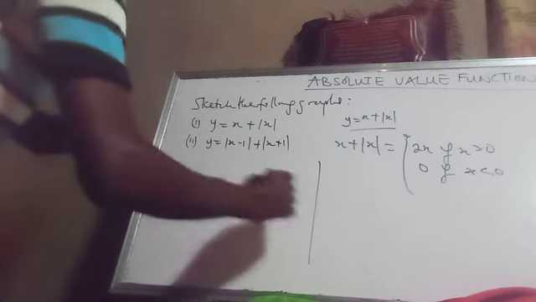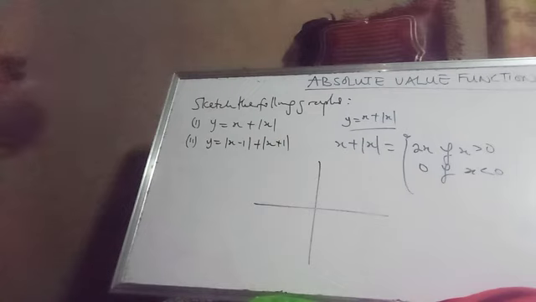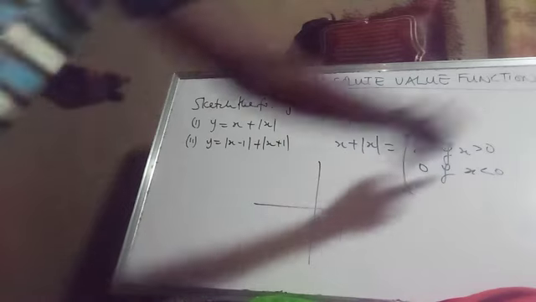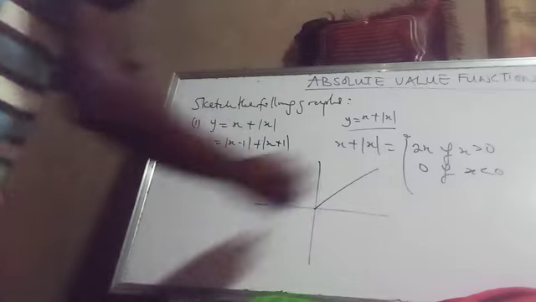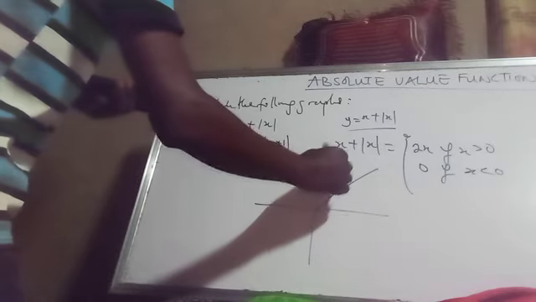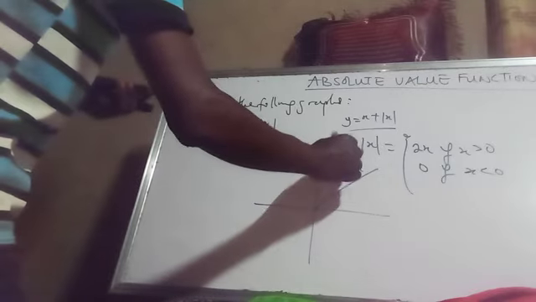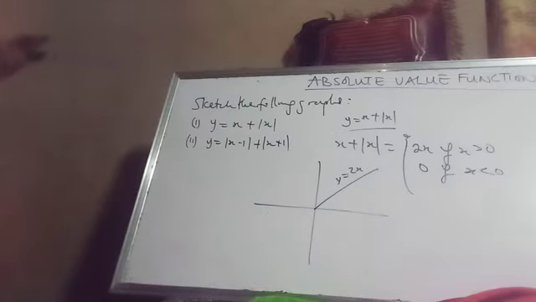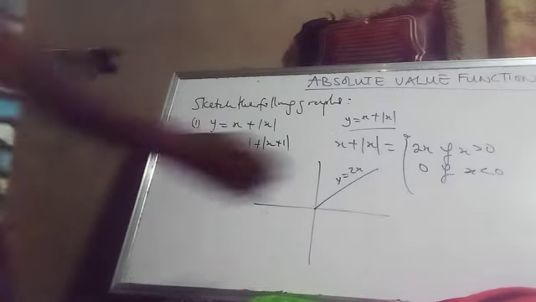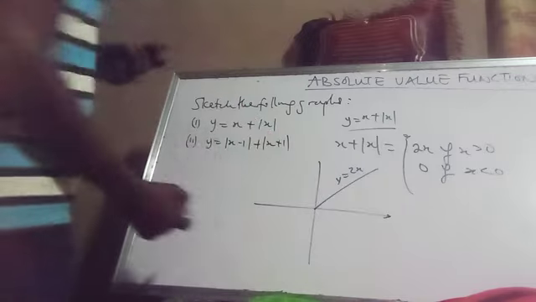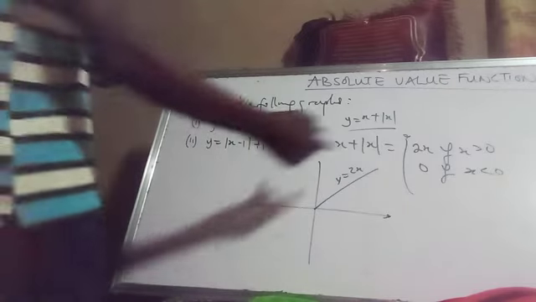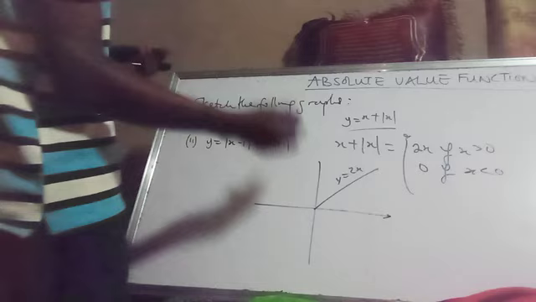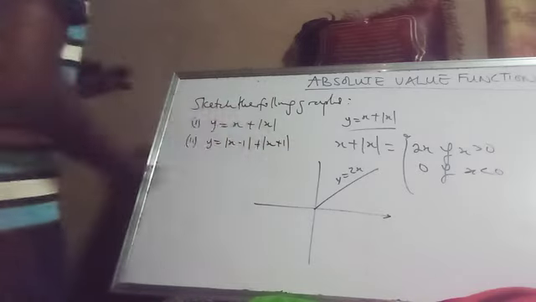Now, how do we sketch this graph? The first one says x is greater than 0, that's a positive value, and that will be y equals 2x. For the second one, the value will be 0. For x less than 0, y is 0.